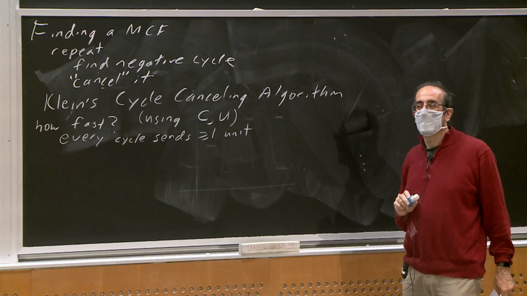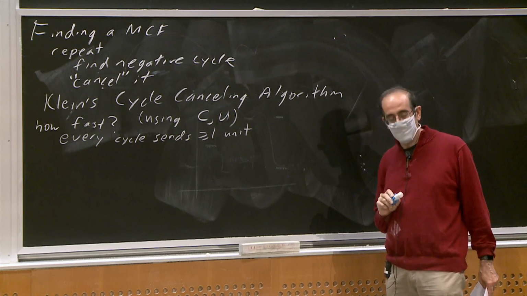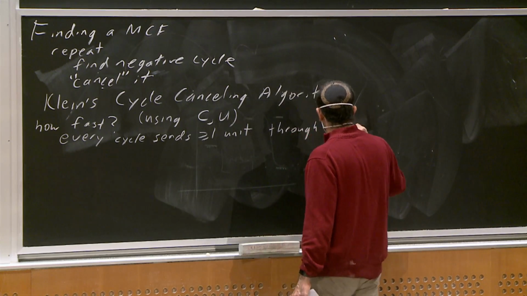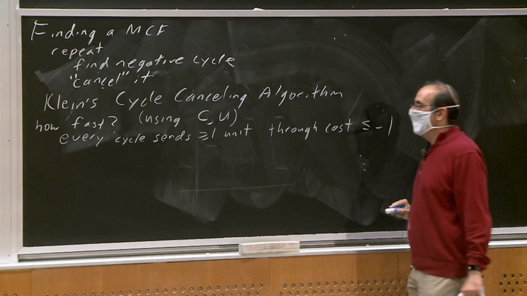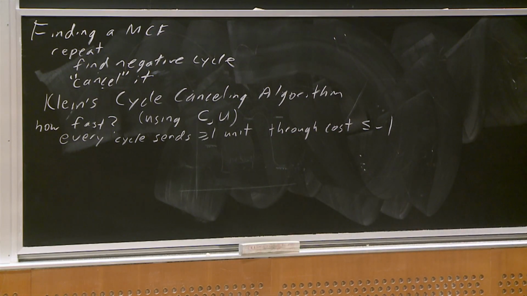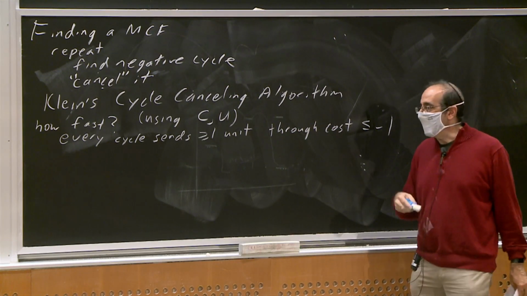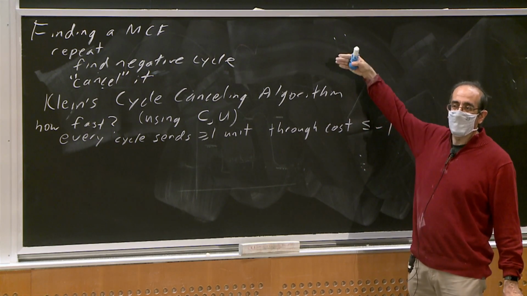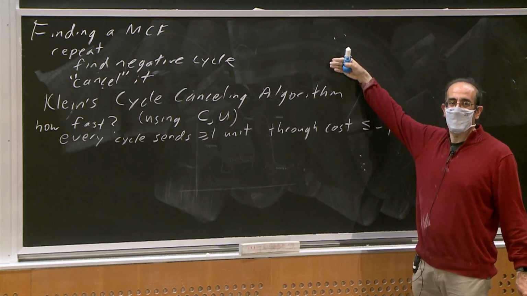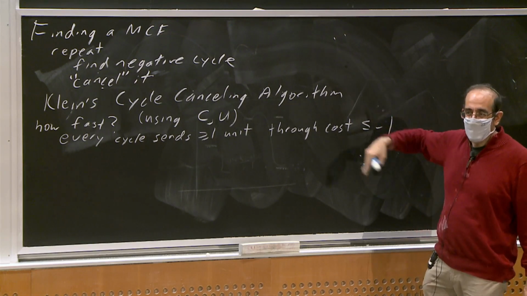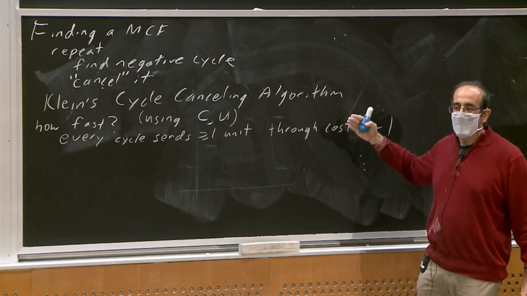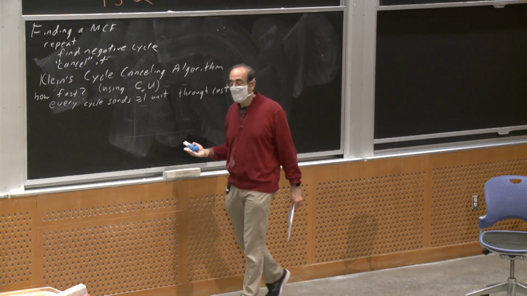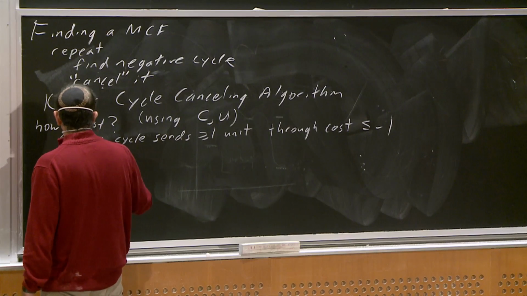Well, it's also going to be an integer, and so it must be at least -1. As with the standard augmenting paths algorithm, if we start with integer capacities, then when we cancel a cycle, we still have integer capacities. We send at least one unit of flow through the cycle, and it's a negative cycle, which means it's -1 or less. So we decrease the cost by 1.